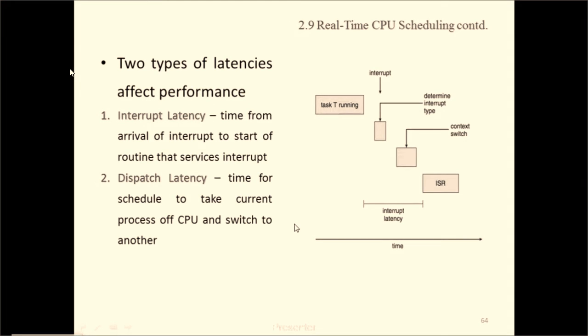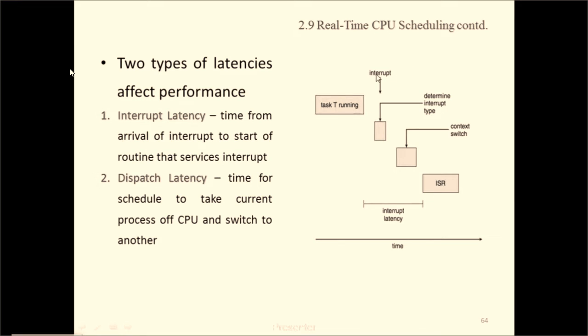Now, there are a few terminologies coming into play: interrupt latency and dispatch latency. Let's see the figure. At the bottom we have a timeline, so time flows from left to right. Task T is running, so a process is running at present on the CPU.